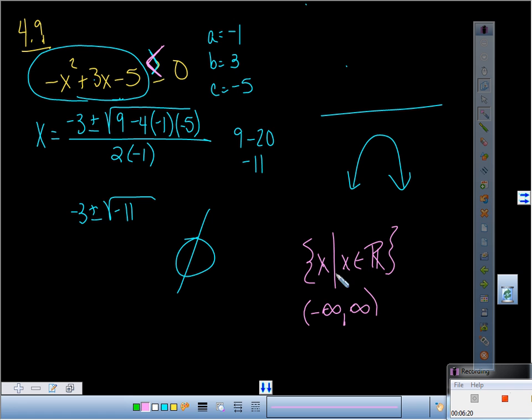You could use this. This means empty set. You could use this. So what is that? An empty set. See these two things: empty set, null set.